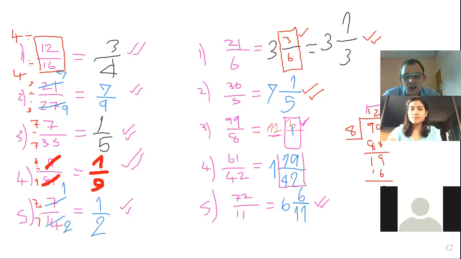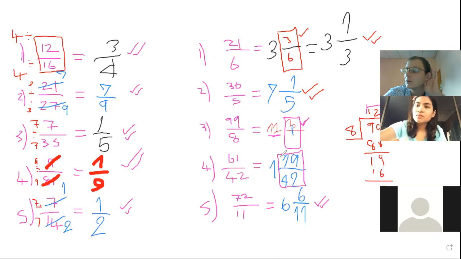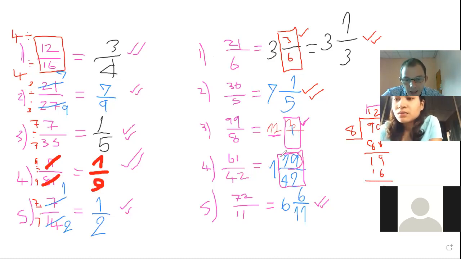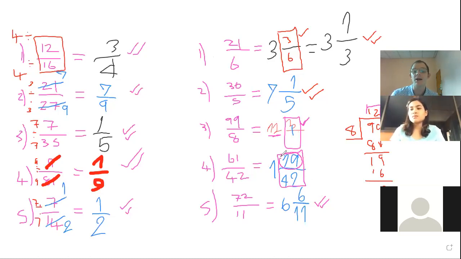Can we make this one smaller? Yes or no? This one cannot be made smaller. Why? Because 19 is a prime number.